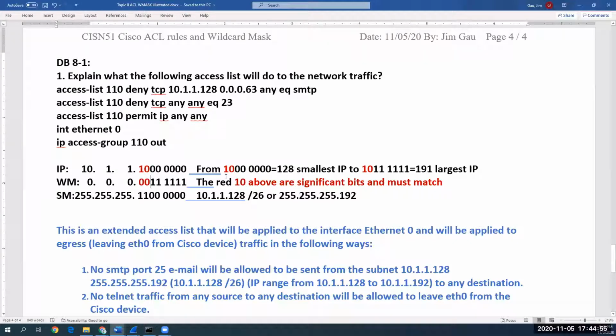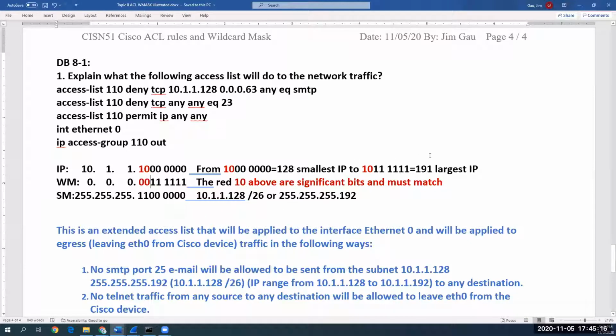Therefore, it is from 10, 0, 1, 0 with 6 zeros smallest, which is 128 decimal, the smallest IP, to the 1, 0 with the rest being ones, because we must match the significant bits, right? The biggest one is 191, the largest IP address. So therefore, it's from 128 to 191.